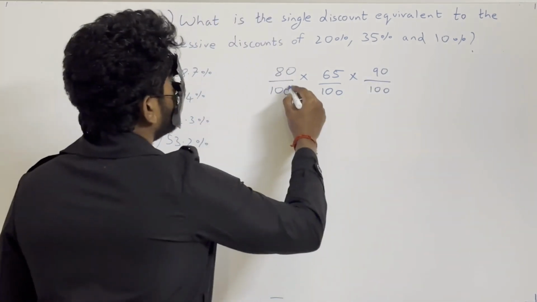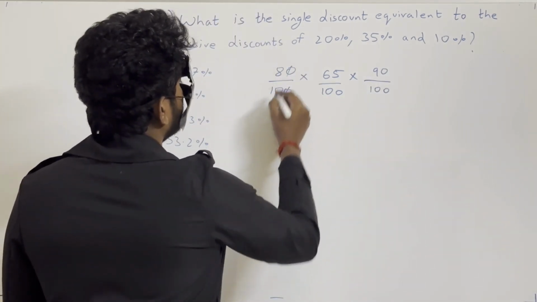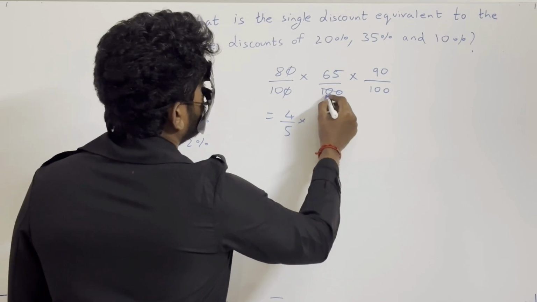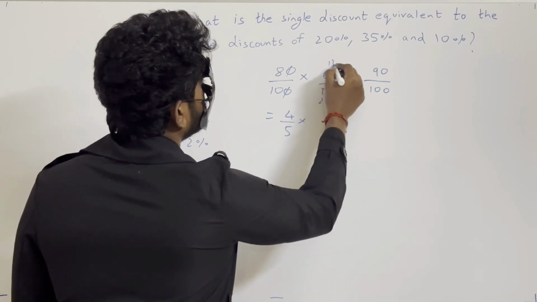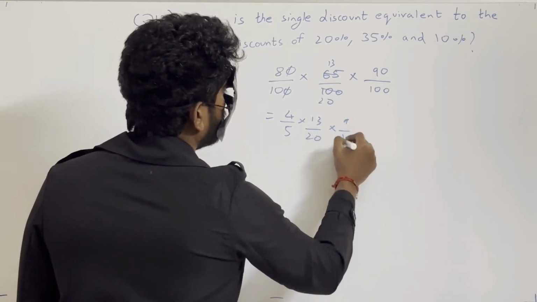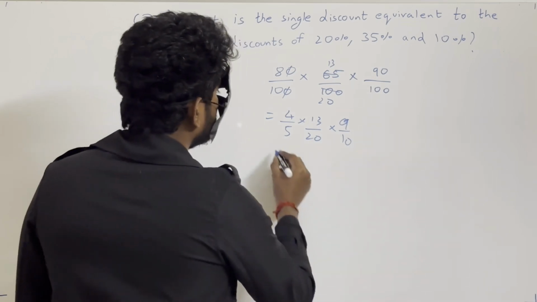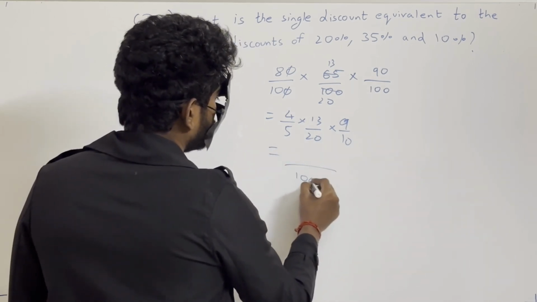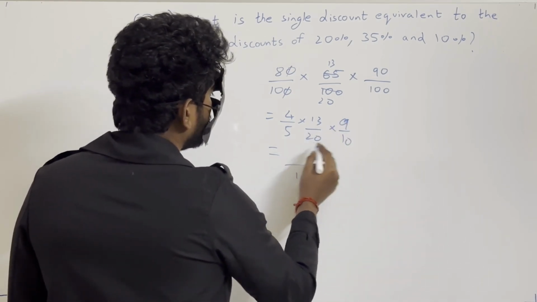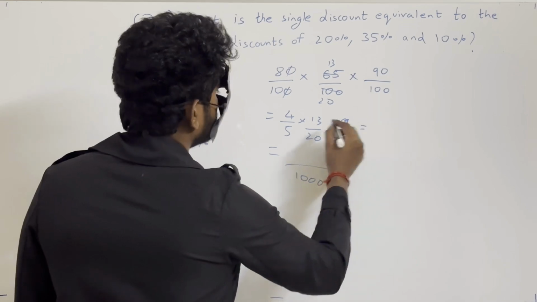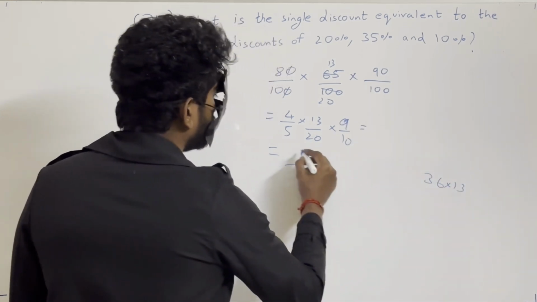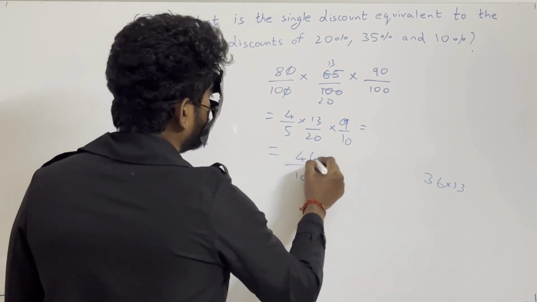So if you simplify this, it is nothing but 4 by 5 into 13 by 20 into 9 by 10. This is nothing but 1000 in the denominator. 36 into 13. 360 plus 108 is nothing but 468, right?